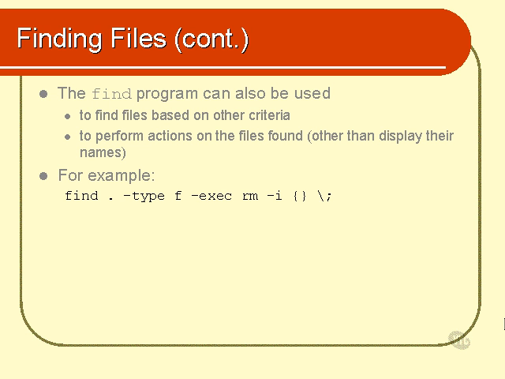The open and close curly brackets and the backslash semicolon there are required at the end. Well, the backslash semicolon is required to be put after each command that you use with -exec, and the open and close curly bracket symbols are used to denote the files that actually get found, substituted into the rm -i command line.